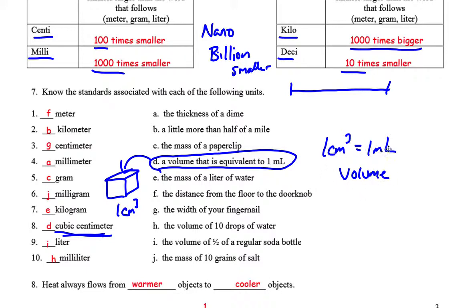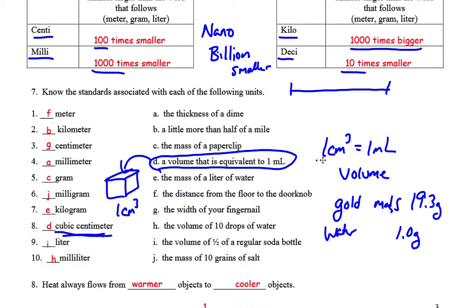Now, if I had a cubic centimeter or a milliliter of gold, this would have a mass of 19.3 grams. But if I fill that same box with just water, it would have a mass of 1.0 grams. So volume is different than mass, and density ties these two together.